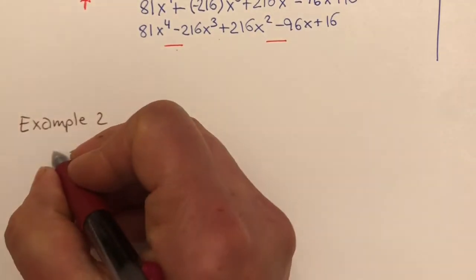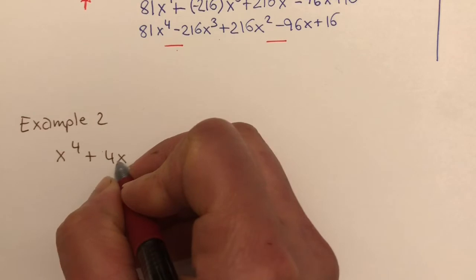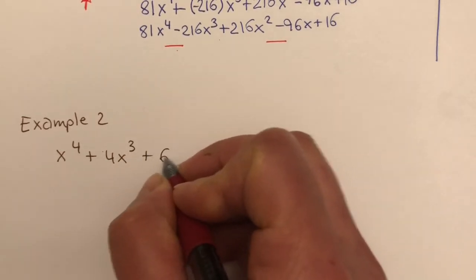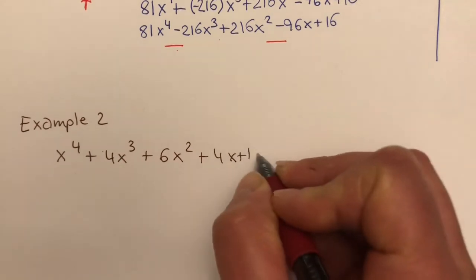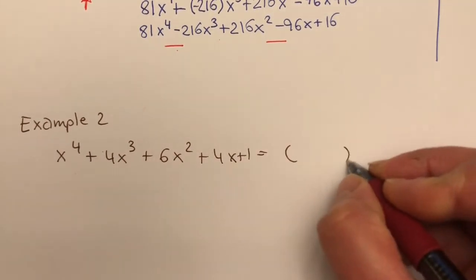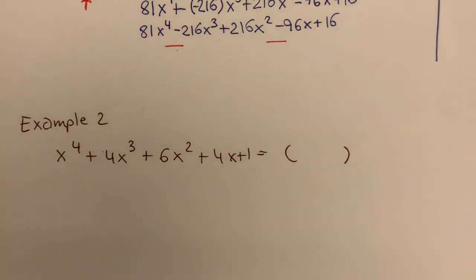What if I give you something like this? x to the power of 4 plus 4x to the power of 3 plus 6x squared plus 4x plus 1. And what I want you to do is write this as something to an appropriate power. Let's think about this for a second. Take a look at the Pascal's triangle.